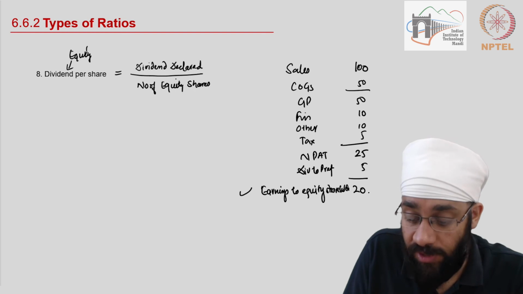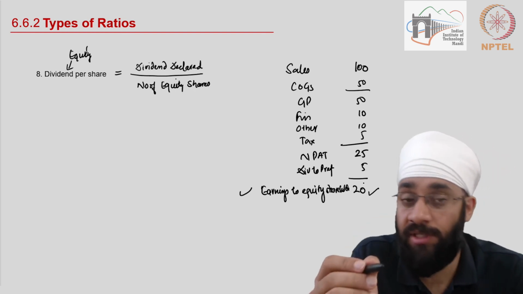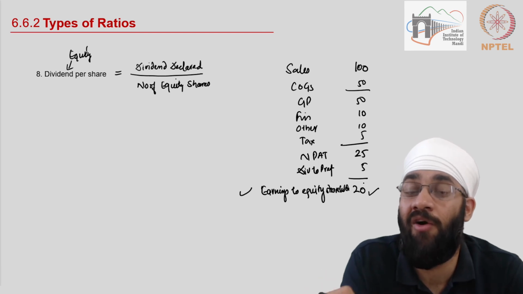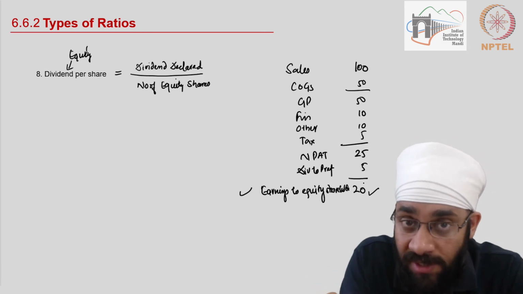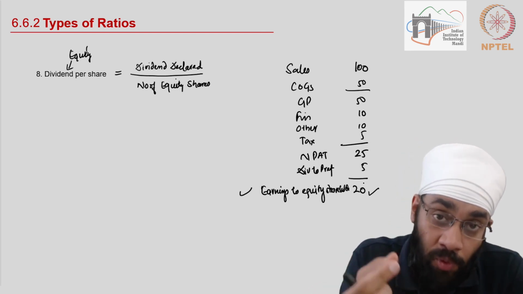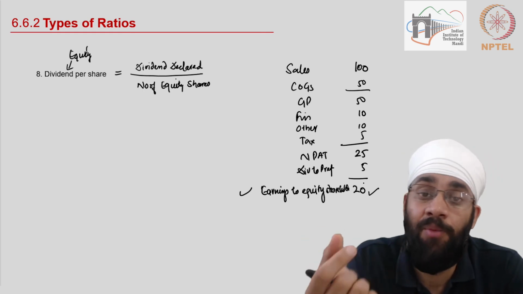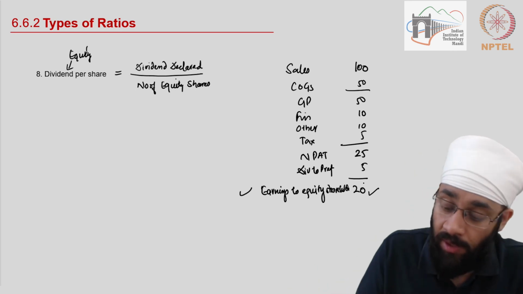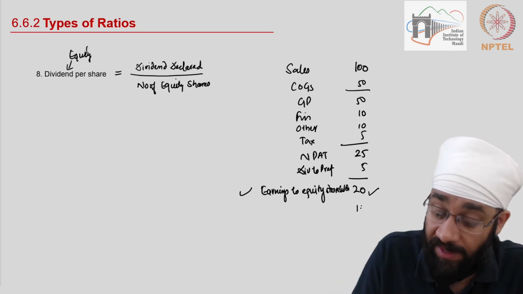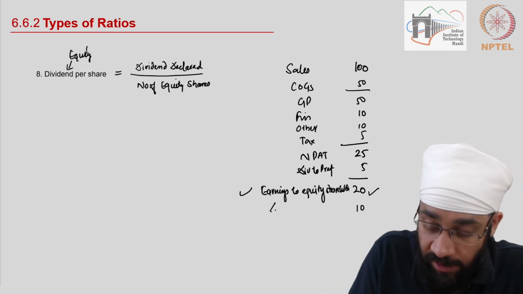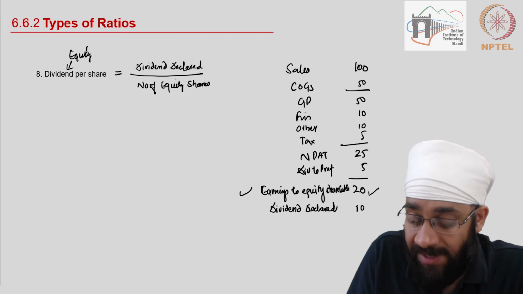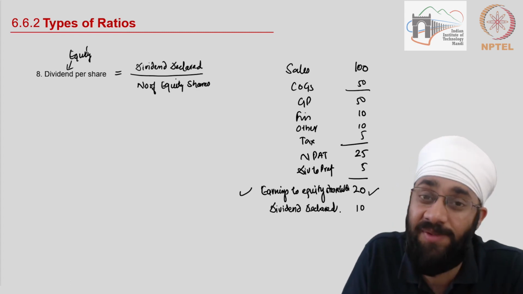I said the company is not going to pay all of this money to the shareholders. The company is run by a board, and they will decide that out of this 20, we are going to pay off 10 as the dividend. So the dividend declared or dividend paid is a portion of the earnings which are available.